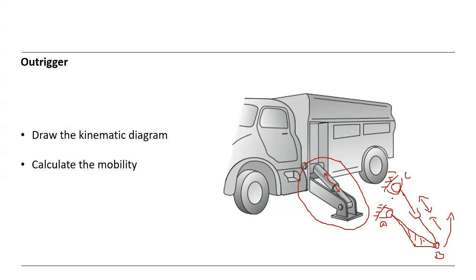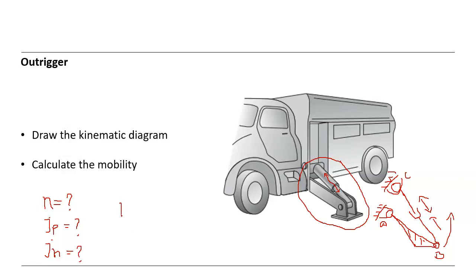So then we also have to calculate the mobility. This is the mechanism, the mobility we have to calculate. So how many links we have, and how many joints we have, so we should know how many links we have, how many primary joints, and how many higher pair joints.